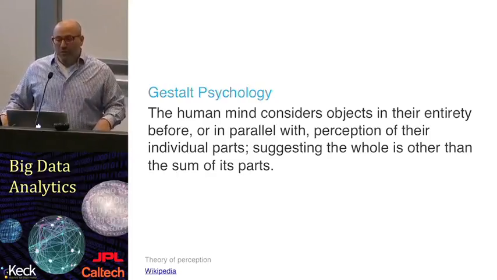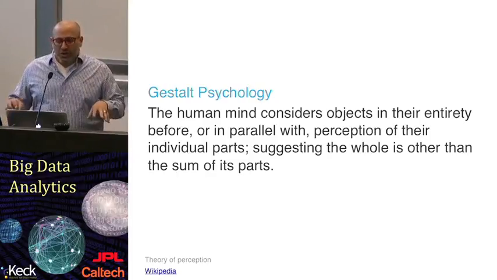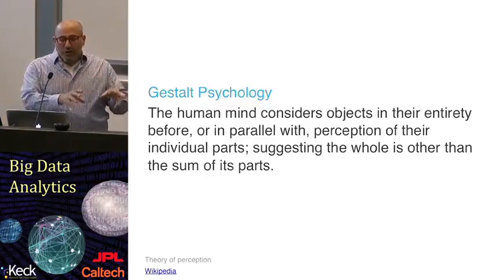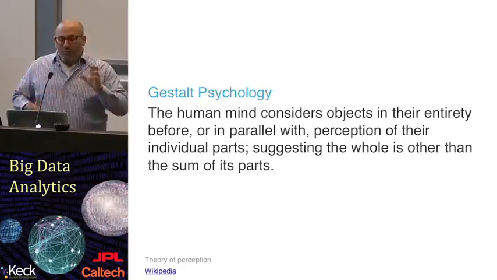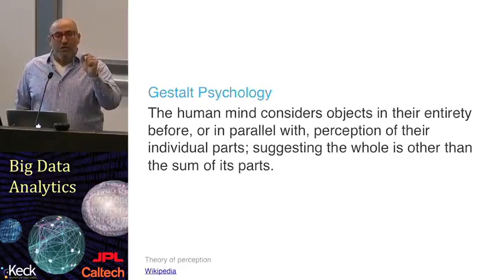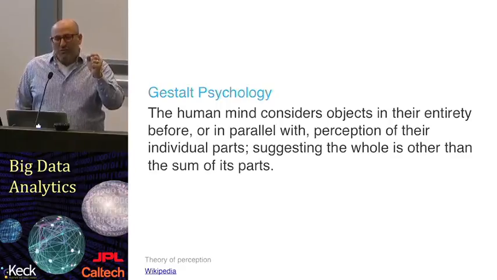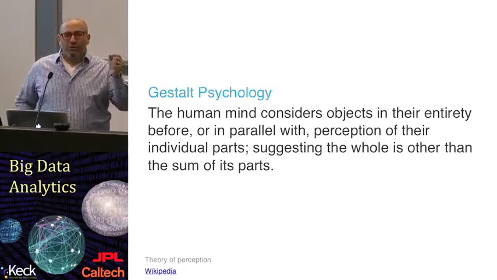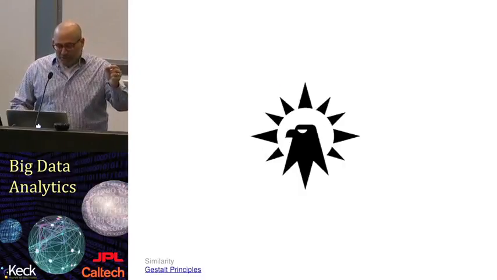It describes something very interesting, which is that the mind looks at objects in their entirety before or in parallel with perception of individual parts. And this means, there's a very intriguing statement at the end here: the whole is other than the sum of its parts. So let's talk about what this means.